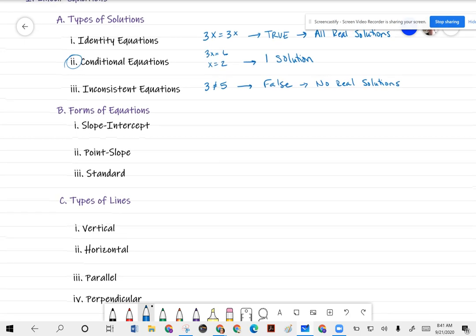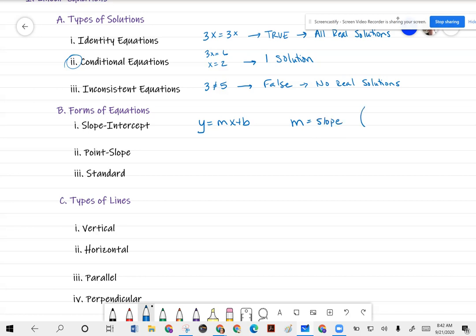Now let's look at what types of equations or functions we can have. What do our equations look like so that we could graph them? Slope-intercept is what we should all be familiar with: y equals mx plus b, where m represents the slope.